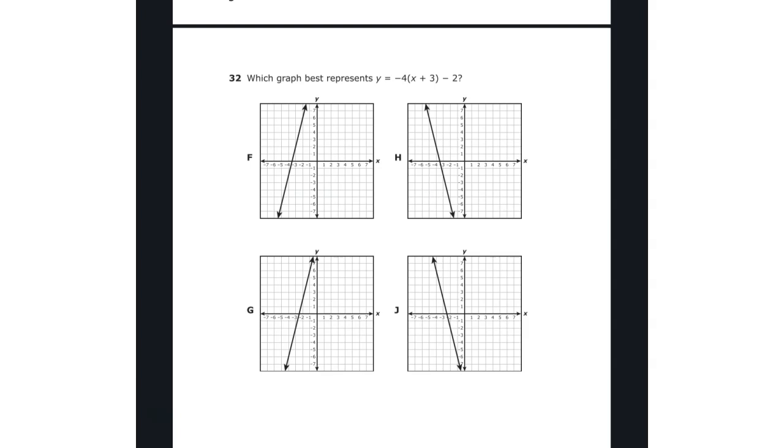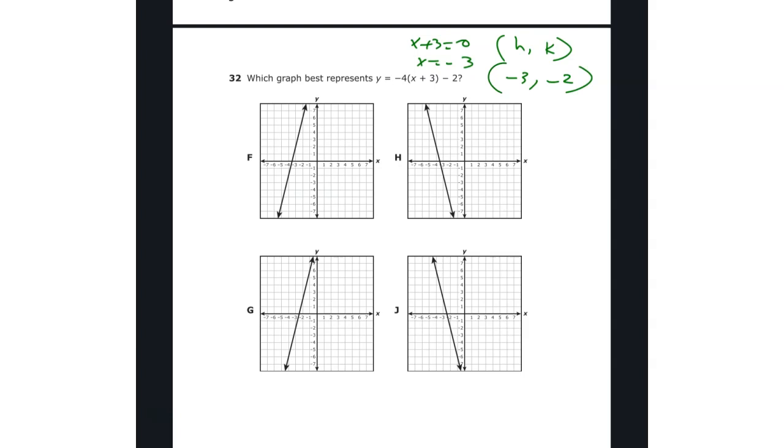So the h is x plus 3 equal to 0, so x equal to negative 3. That's your h. Okay, so your k is negative 2. So this is going to be negative 3, negative 2.